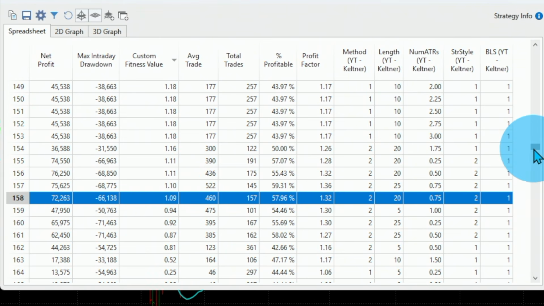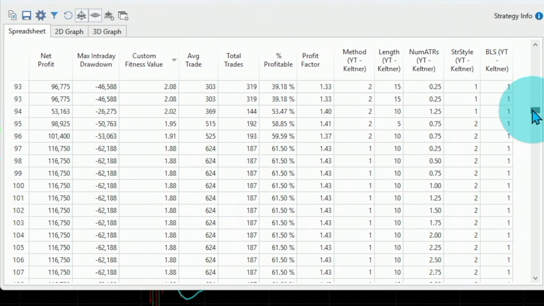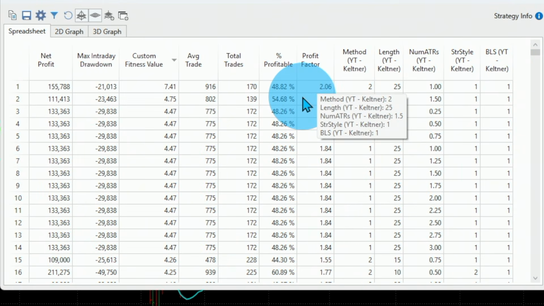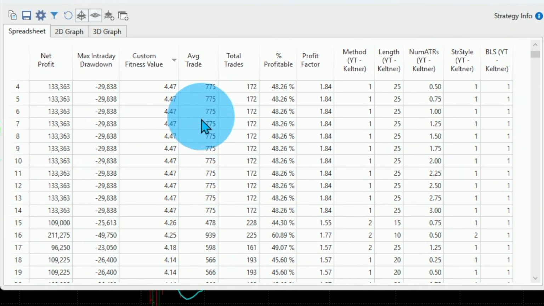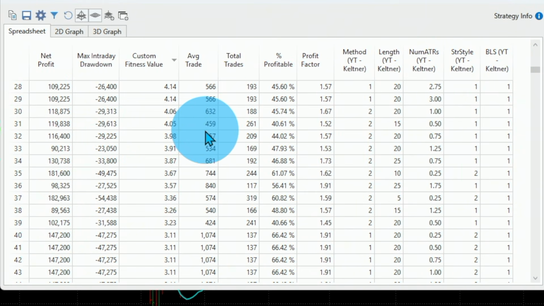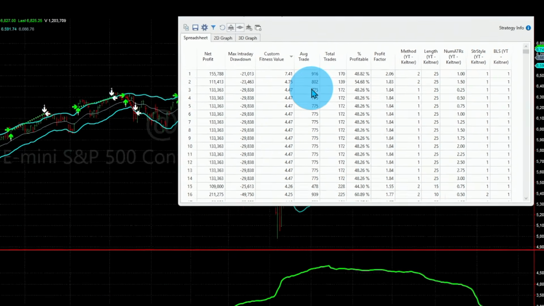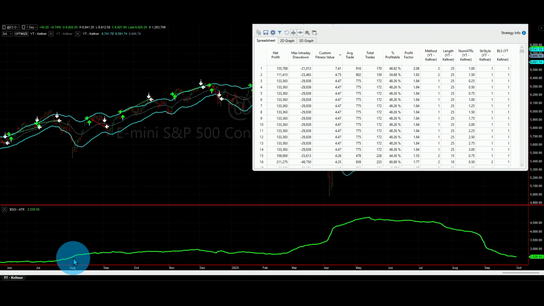And notice now all the strategies are on the long side. And if we look at the average trade, it's 900, 700, 600. And if we average all that out, we will be between the Canadian dollar and the natural gas in terms of the percentage of average true range in dollars.